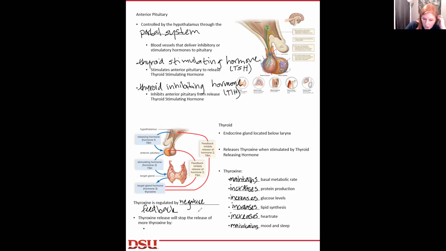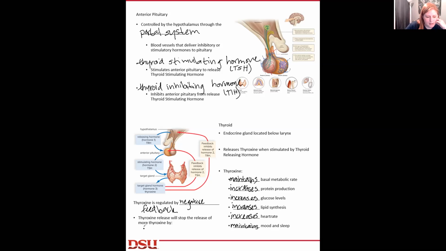Thyroxine release will stop the release of more thyroxine by inhibiting the release of thyroid stimulating hormone and the thyroid releasing hormone. So when the thyroxine gets released, the presence of the thyroxine in the system is what keeps more of it from being produced.